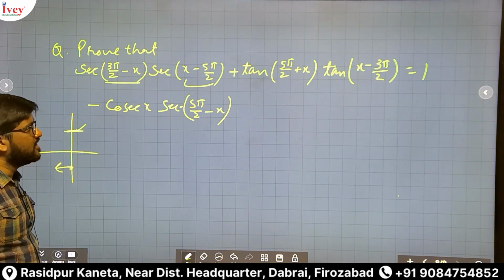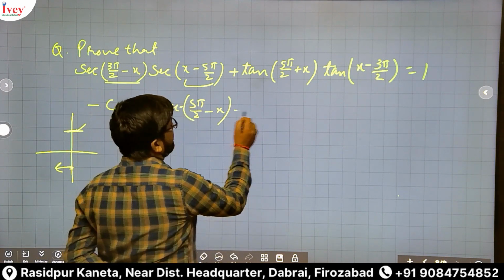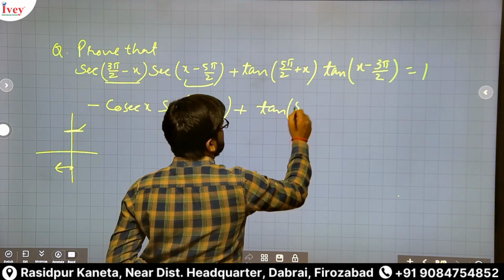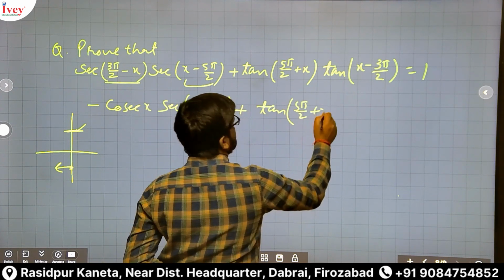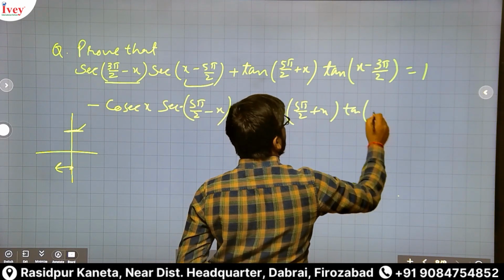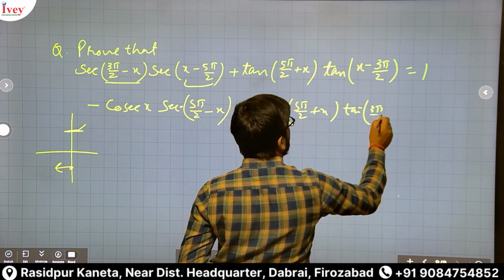I told you earlier. Now see here, again it is tan 5 pi by 2 plus x. Again we will do the same thing here. We will take minus common in the angle. So you will get minus 3 pi by 2 minus x.